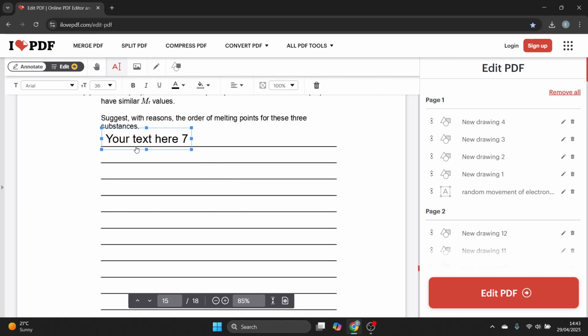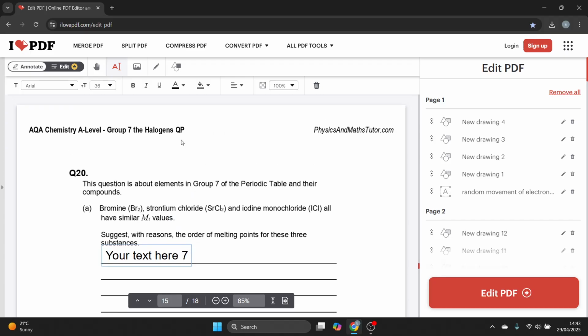Well, I know bromine has van der Waals forces. Strontium chloride has strong ionic bonds. It also has a giant lattice, so many strong bonds to overcome.